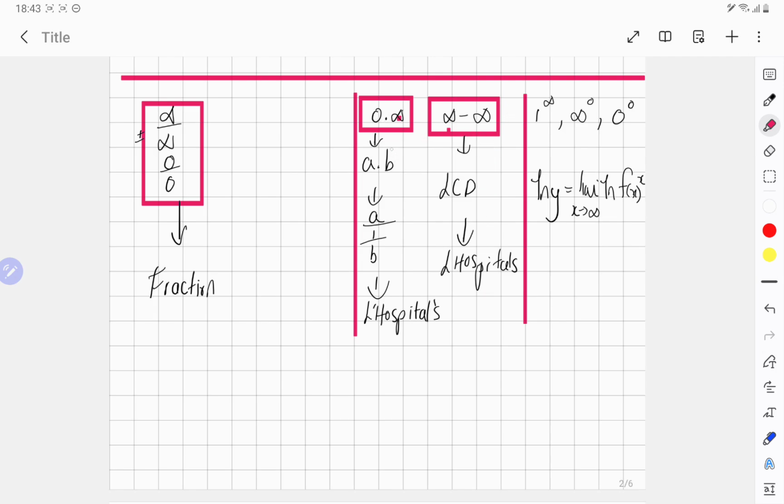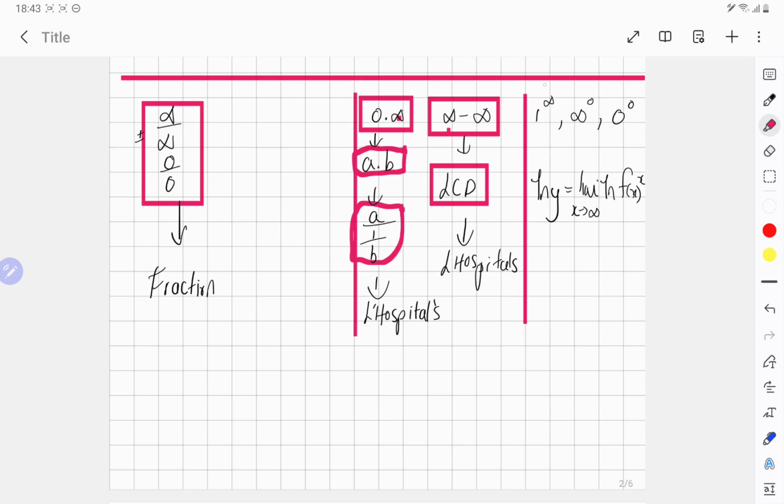For 0 times infinity, just recall, a times b as a fraction is a divided by 1 over b. And if we have infinity minus infinity, if we get that into indeterminate form, we will find the LCD. From there on, do L'Hôpital's.